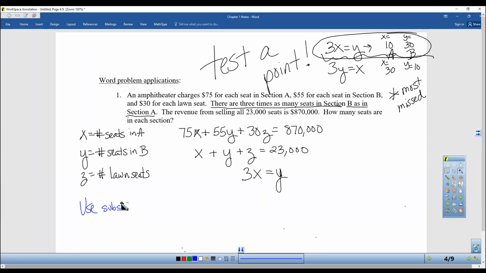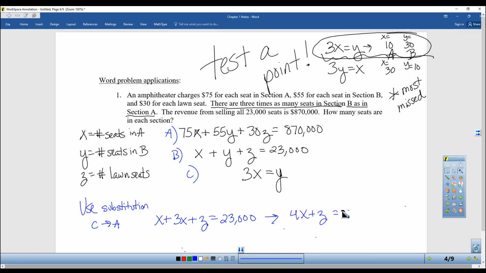Use substitution. Now, if you did label them A, B, C, then you could write, you're going to put C into A. So x plus 3x plus z is equal to 23,000, which then goes to 4x plus z is equal to 23,000.